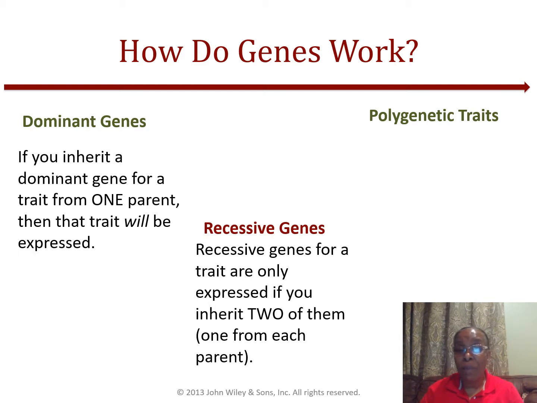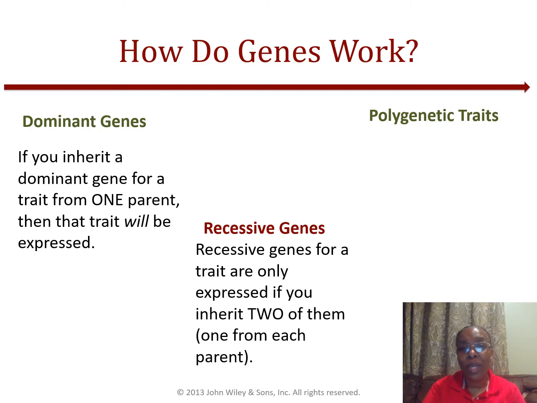One example of that is sickle cell anemia. Sickle cell anemia is a recessive gene, and both parents would have to have that recessive gene for their offspring to actually get sickle cell anemia.